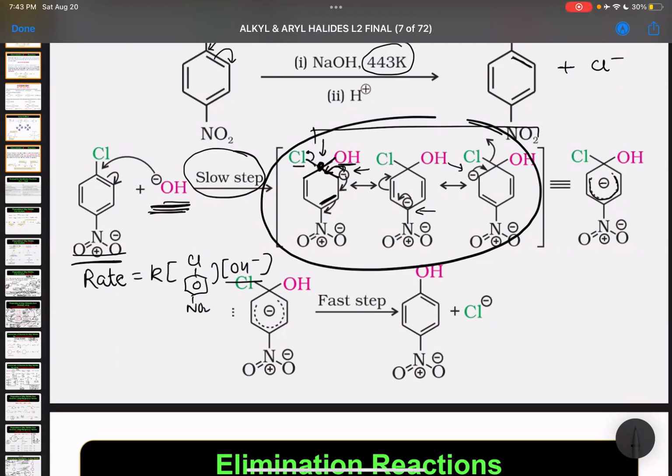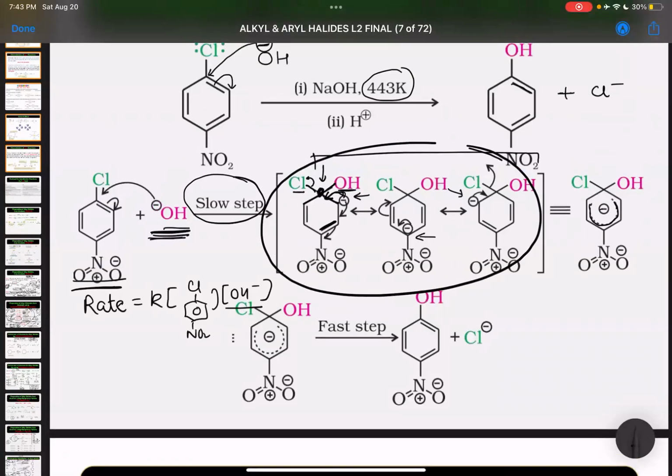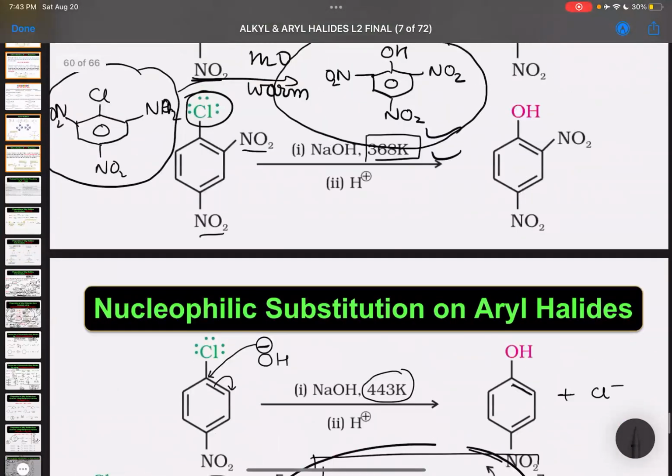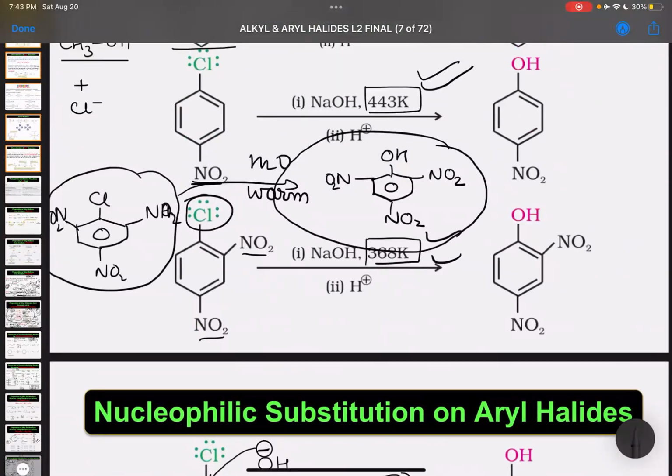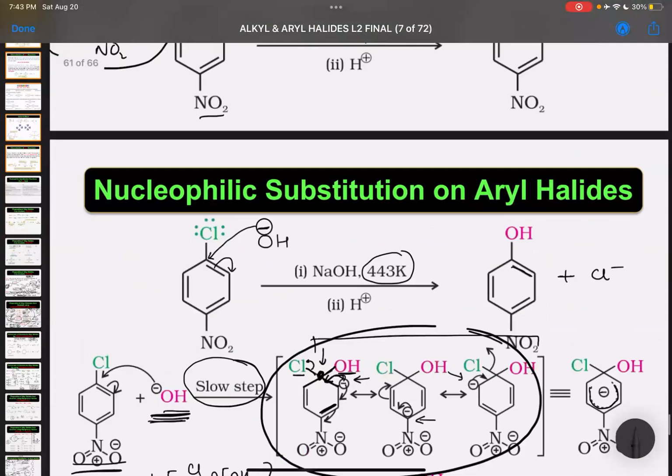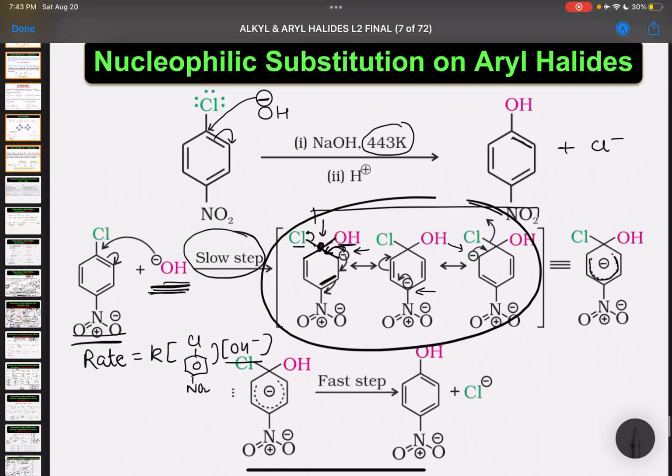Now we can talk about the NO2. Why is NO2 helping the reaction to happen more and more quickly? You can see as the number of NO2 groups increases, the temperature decreases and the reaction happens more easily. Why? What could be the reason? Any idea?